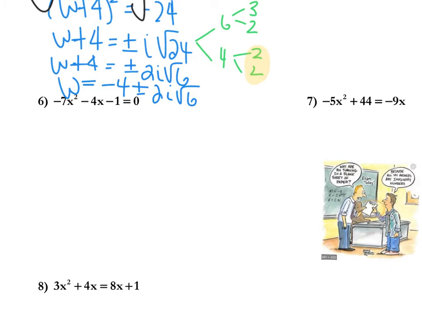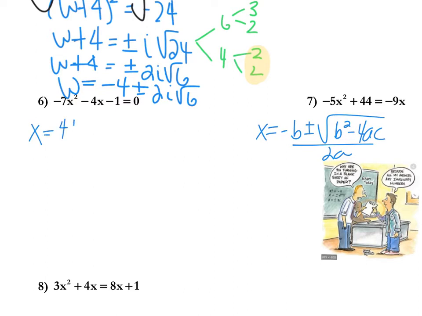So the quadratic formula is opposite b plus or minus the square root of b squared minus 4ac all over 2a. Okay. So we're just going to do one example on this page and then go to the final page.